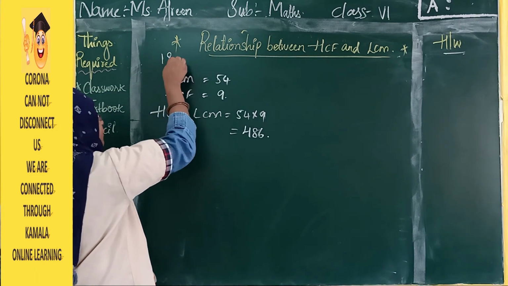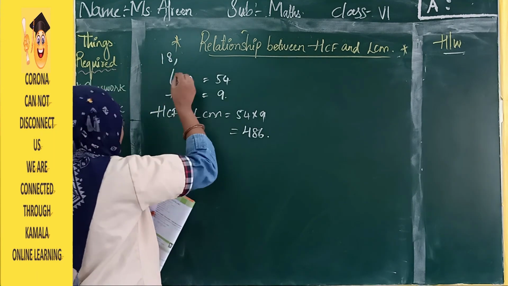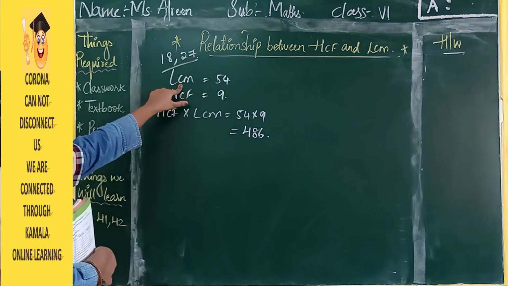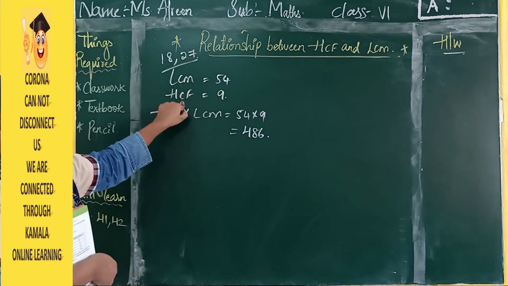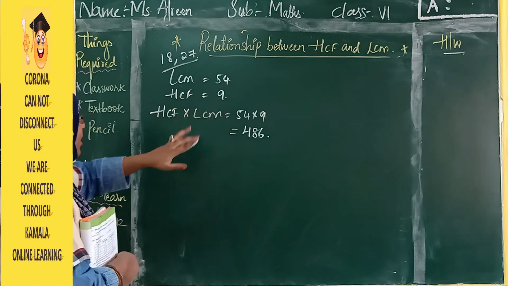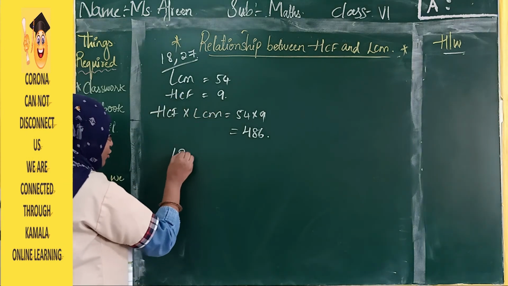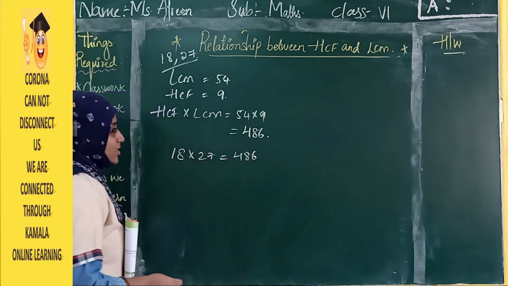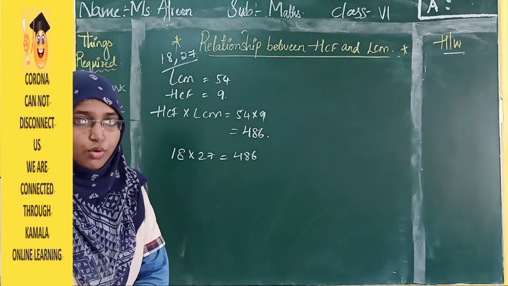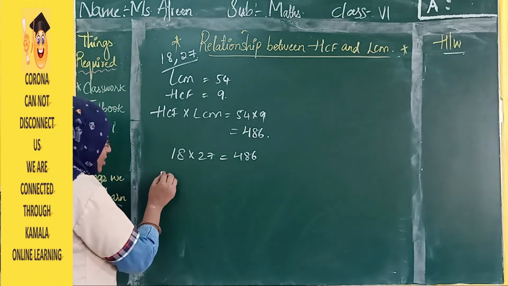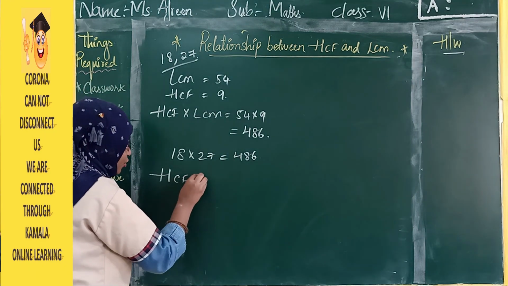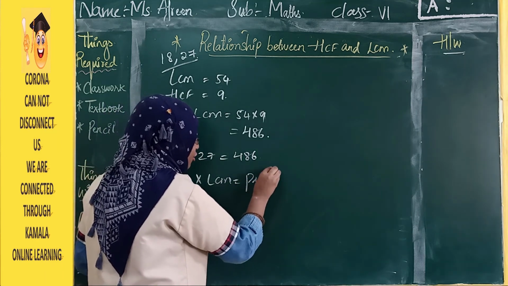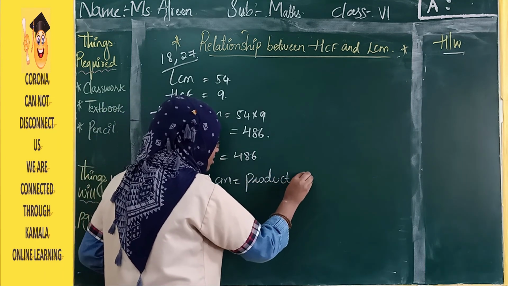These are the actual numbers, 18 and 27, and the LCM of 18 and 27 is 54, the HCF of 18 and 27 is 9. But if I multiply directly 18 into 27, I get the answer as 486. So what we have understood is that HCF into LCM is equal to the product of two numbers.